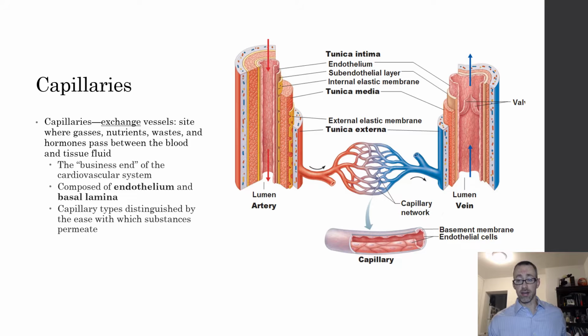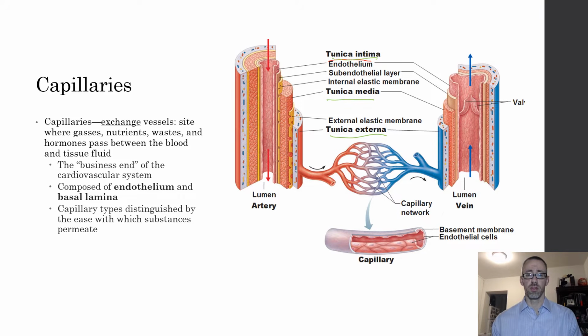In fact, there are several layers, but the main ones, let me use green here. You can see in bold, you have the tunica intima, the tunica media, and the tunica externa. Tunica just means like a tunic or a coat that surrounds it. And you can see the lumen in the center, where the red arrows are drawn.